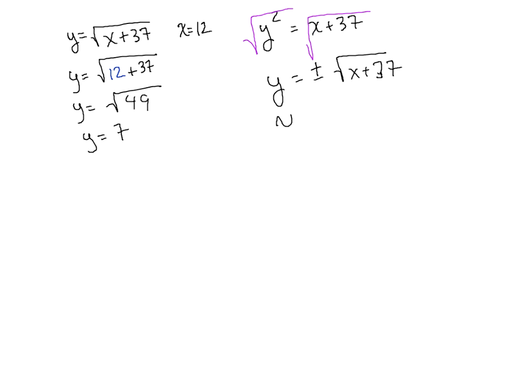This would not be a function. Not a function. This, however, because you're going to get one y value out for any x you put in, this is a function.